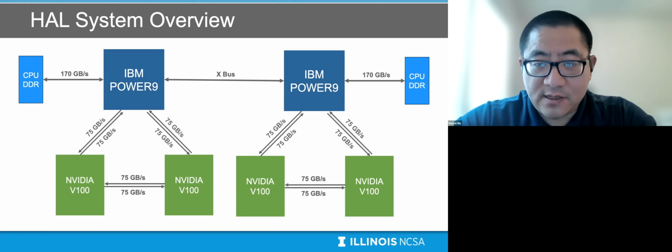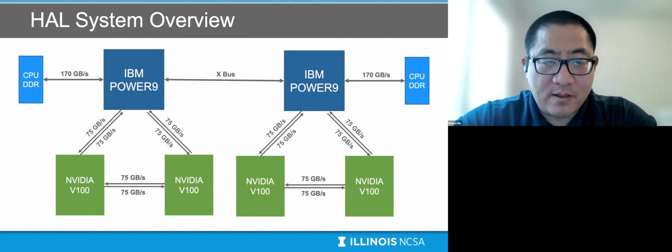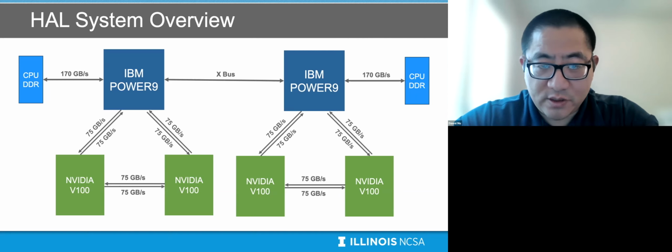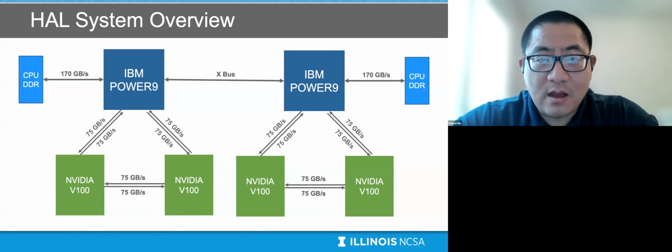As we can see here, since we have fewer GPUs, we have a higher bandwidth for the communication between CPU and GPU, and GPU and GPU, which we can achieve at 75 gigabytes per second. This means that if we configure this right, we have better parallel efficiency for the distributed training workload.